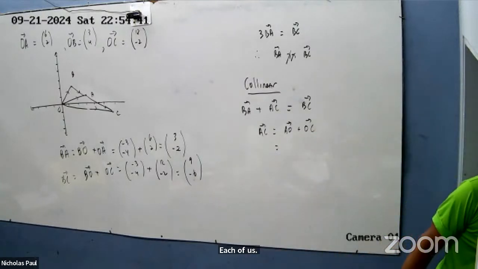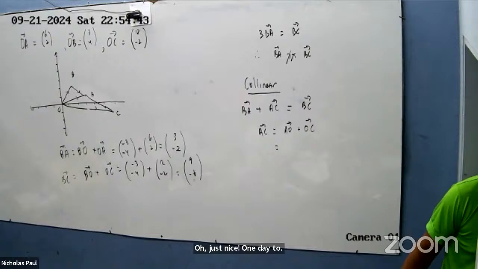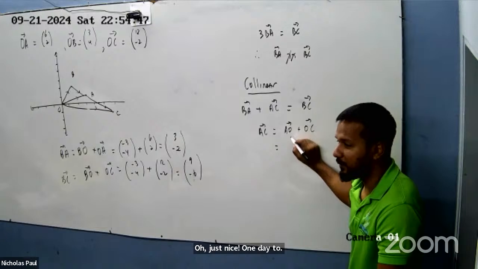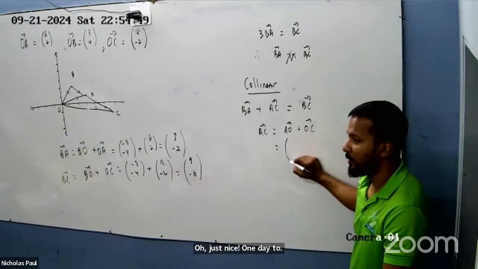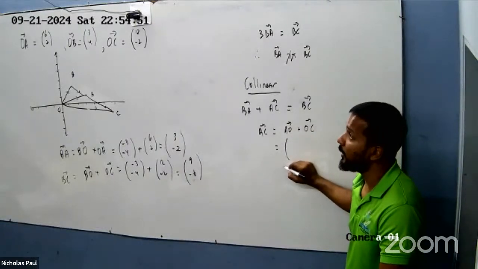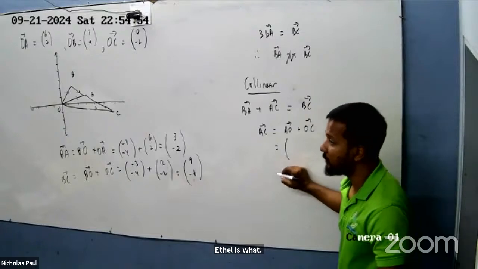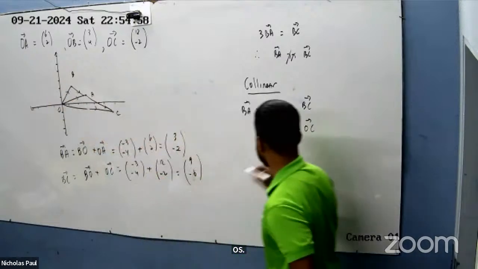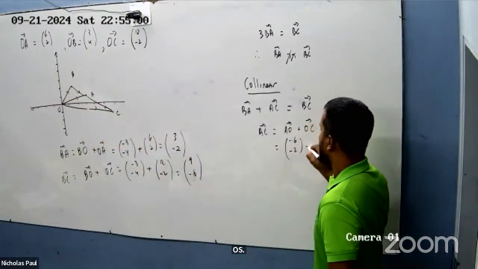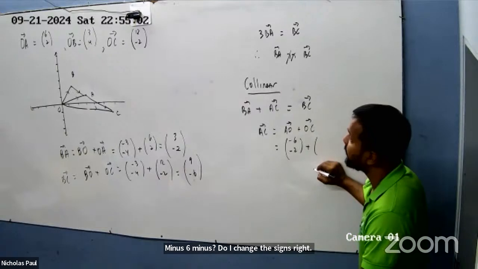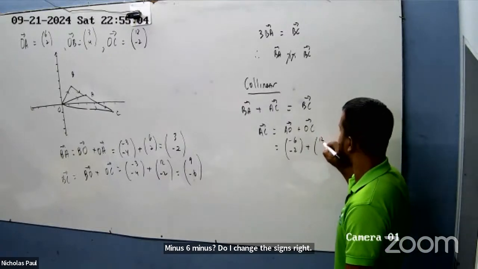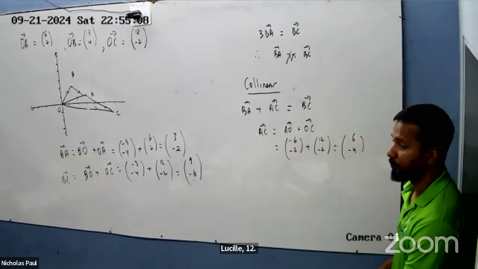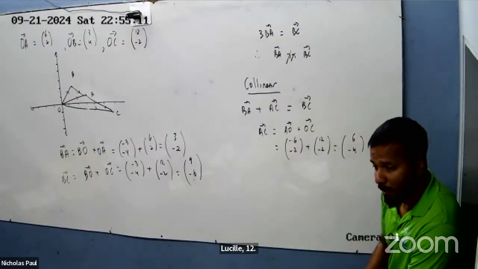A to O is minus 6 minus 2, right? Change the signs. And what is OC? OC is 12 minus 2. So I got 6 minus 4. Yeah. What do I have to do now, Rima?